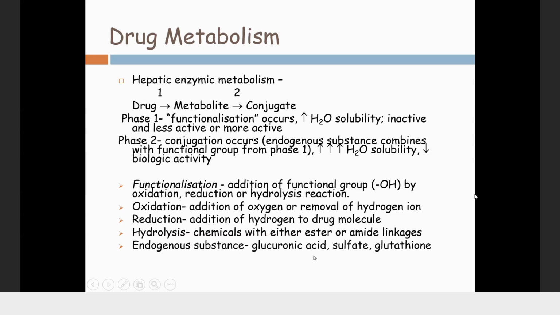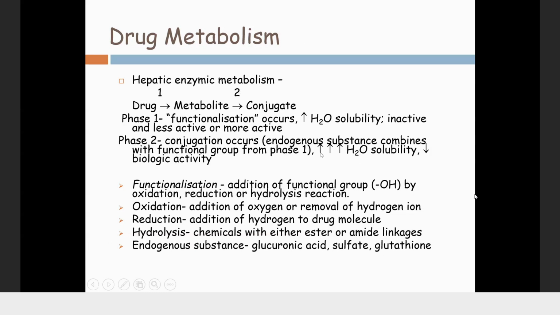Glucuronic acid is derived from glucose. So in the conjugation process, the endogenous substances, such as glucuronic acid, sulfate, and glutathione, will combine with the functional group from phase 1. Because here you will have the functional group OH and so on, and it will combine with glucuronic acid. The end product, a conjugate, is highly water soluble.